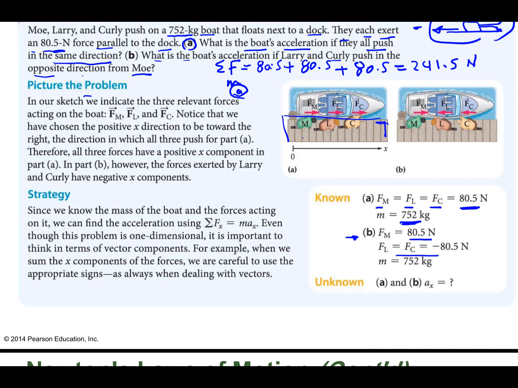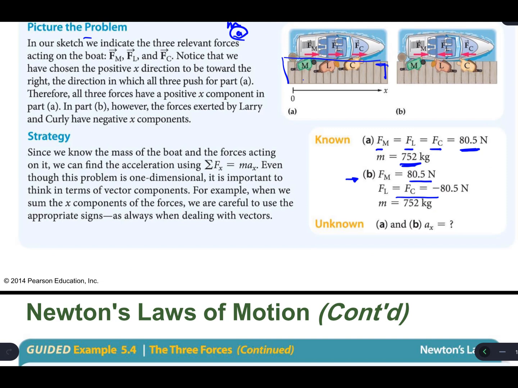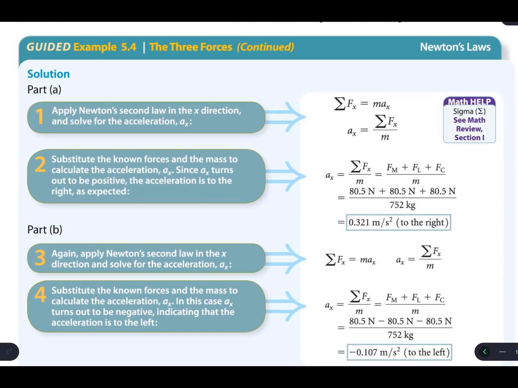Let's get the acceleration for A and B. The acceleration, as you see, is in the x direction, as the force applied. So at the beginning, for letter A, the summation of force over m gives you the acceleration. The summation of force, just add 241.5 divided by 752, with the force in newtons and the mass in kilograms.